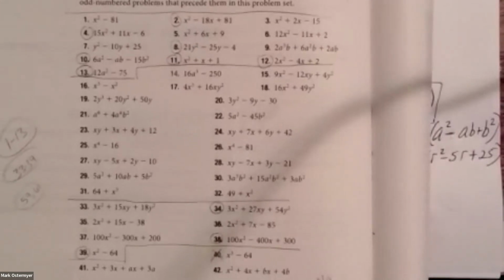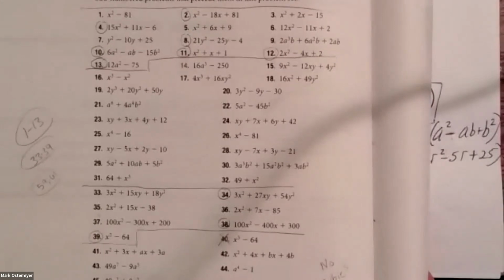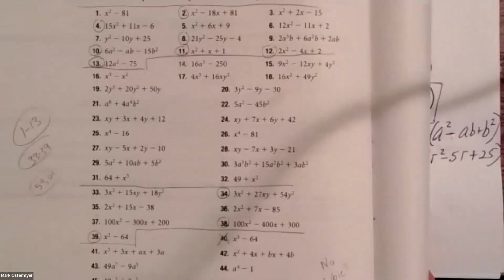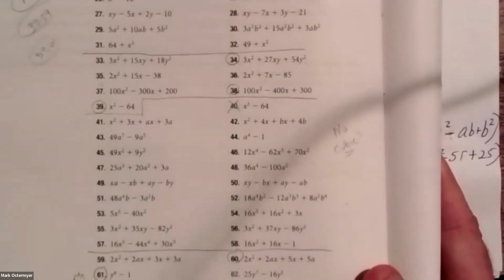On page 420, ladies and gentlemen, they give you a whole bunch of polynomials to try to factor here. And they want us to factor these completely. You can notice that there's all different types throughout here. You see that?